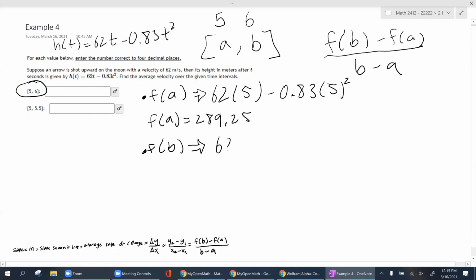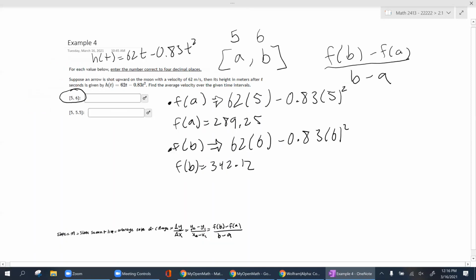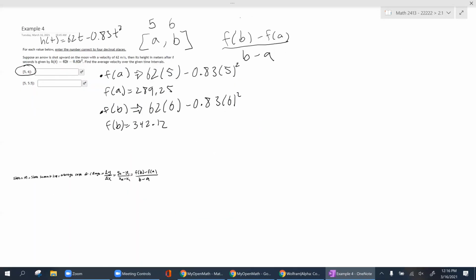So I'm still doing the same thing, but all I'm doing is plugging 6 in there. Let's see what that gives me. This gives me 342.12.